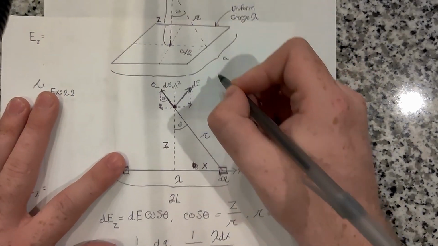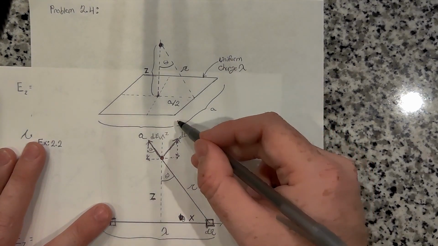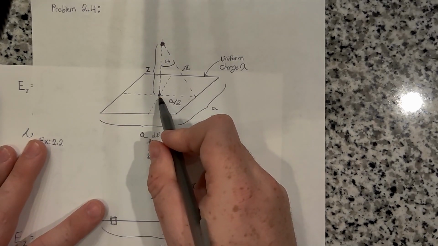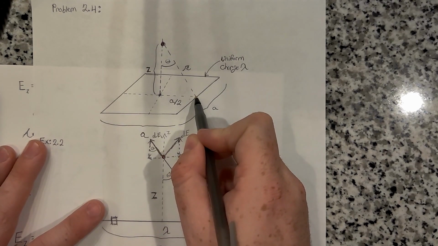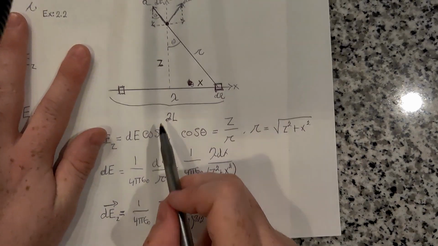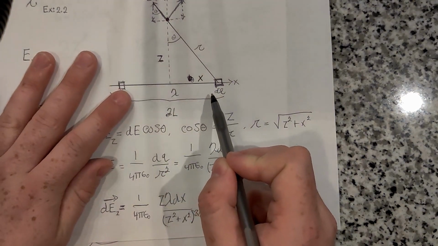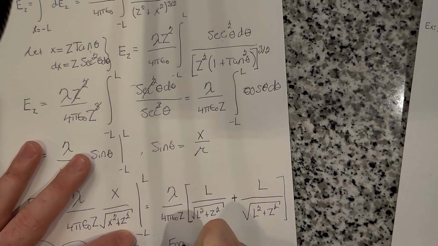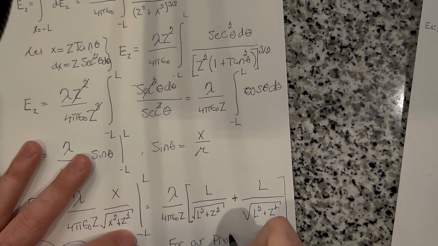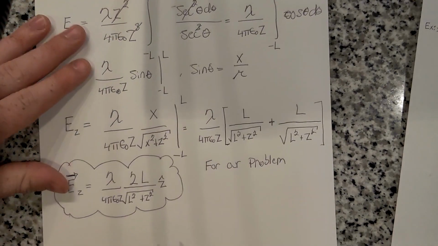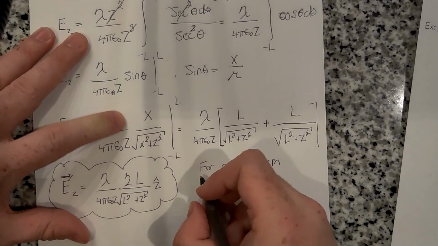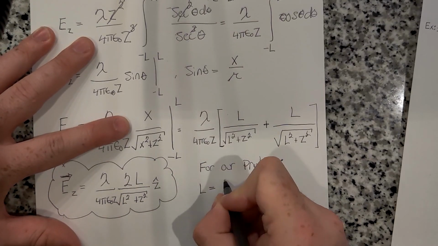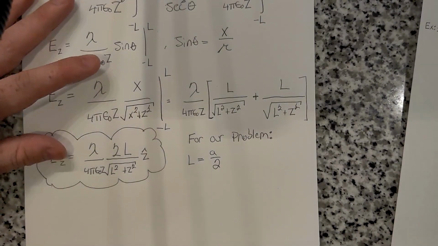And so in our problem, the length of the wire is A. That means half of the length of the wire is A over 2, and half of the length of the wire here was L. So if we want to change this answer to fit our problem, the L in this problem is going to be A over 2, right?